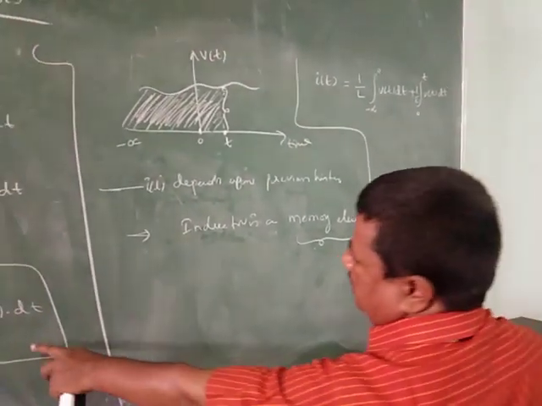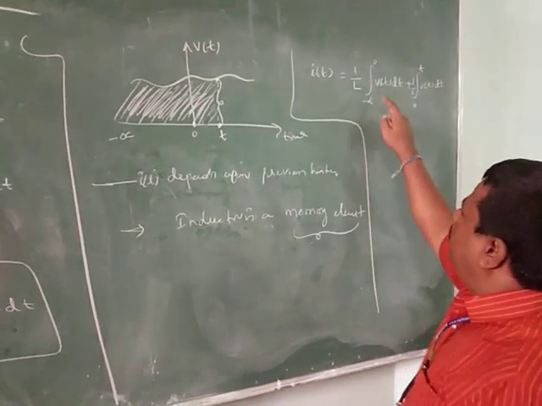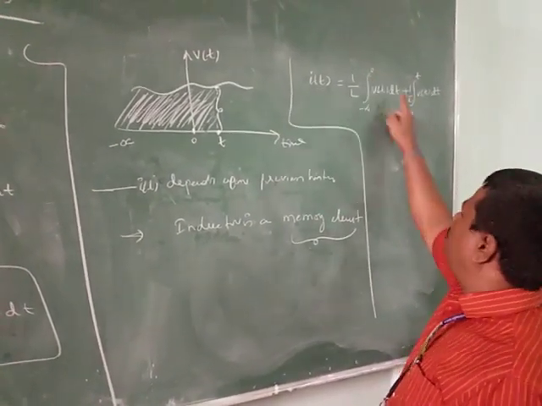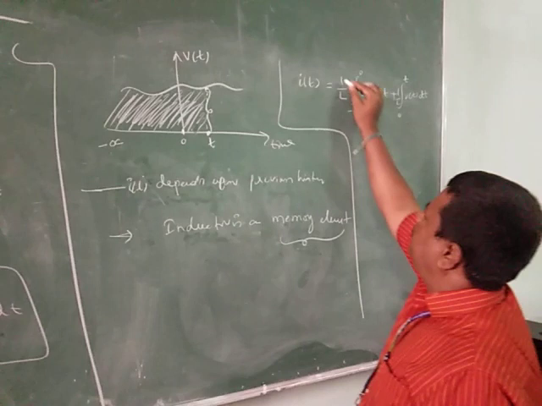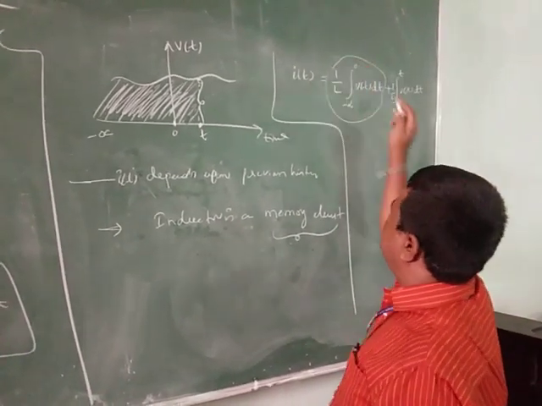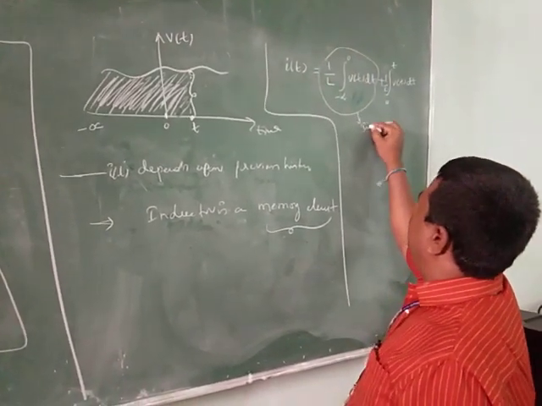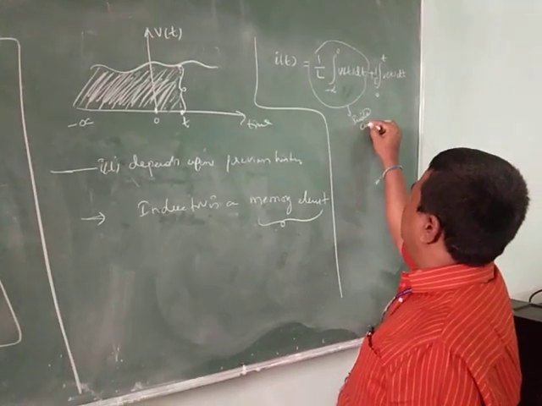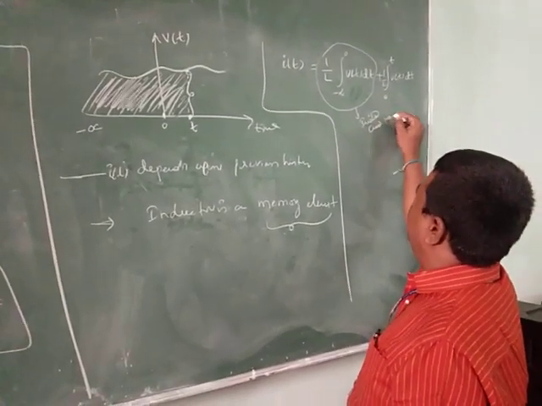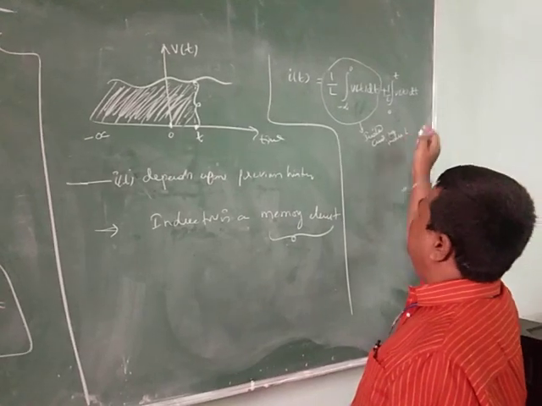So this integration can be split into two parts: minus infinity to 0, and 0 to t. Now the first integration is called the initial current in an inductor.